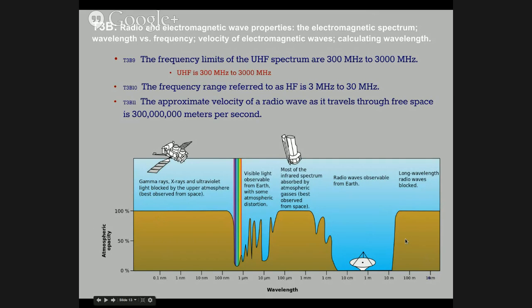At the bottom, anything longer than 10 meters is opaque to the atmosphere. Then we have a window from 10 meters up to 7 centimeters, roughly, where it starts being attenuated.